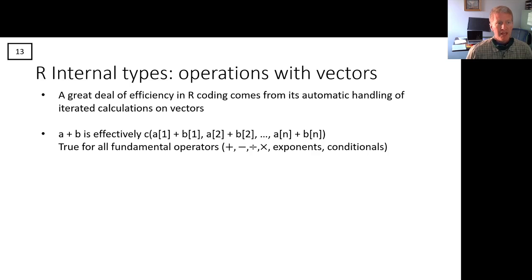For example, if we have A plus B, it's going to add up the first elements of A and B, then add up the second elements of A and B, and create a new vector that has the sum of those elements on an element by element basis. And that works for all the operators. It will do the same thing if it's a subtraction or a division or a multiplication or a power or a conditional statement. It automatically will cycle through all the elements of vectors when doing operations.